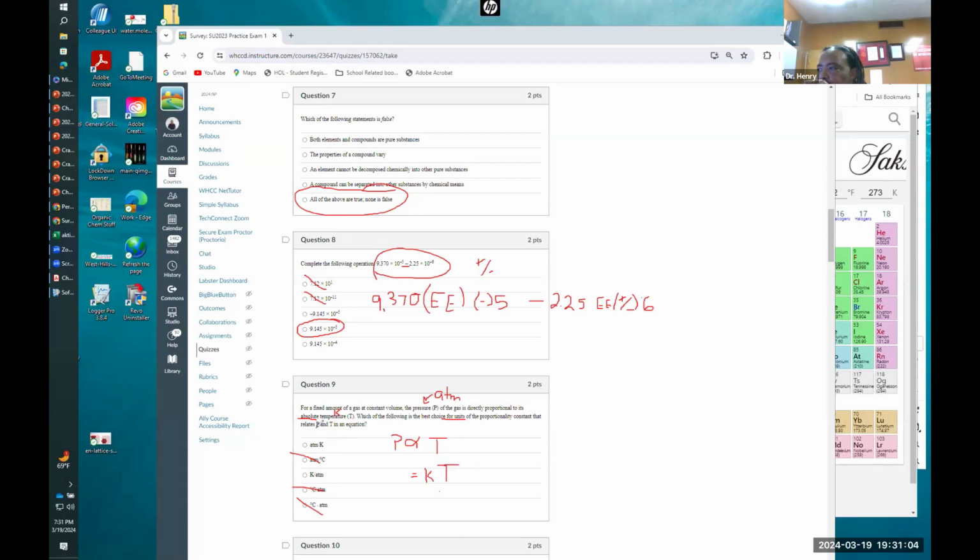Okay, so we're saying capital K. So we want to figure out the units for this guy. So is it going to be K over ATM, or ATM over K? Or is it going to be equal to ATM?